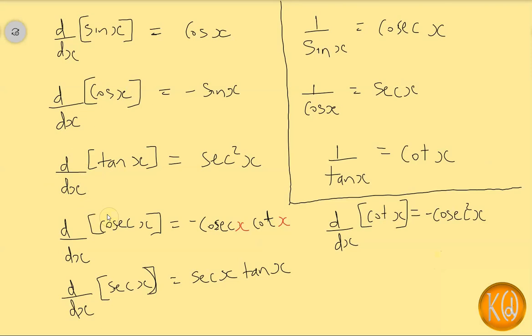You may only need to remember the first three, but it's always good to remember them. They may come up eventually. And also the reciprocals, ensure that you know that cosecant is the reciprocal of sin x, and secant is the reciprocal of cos x, and cotangent is the reciprocal of tan x.